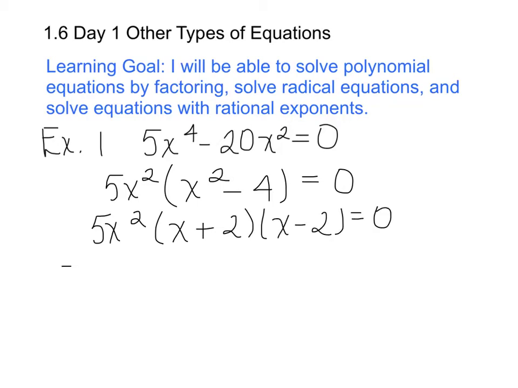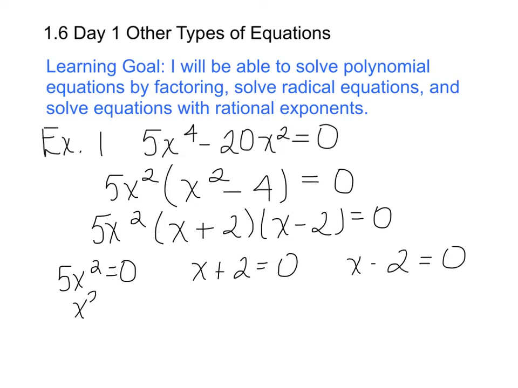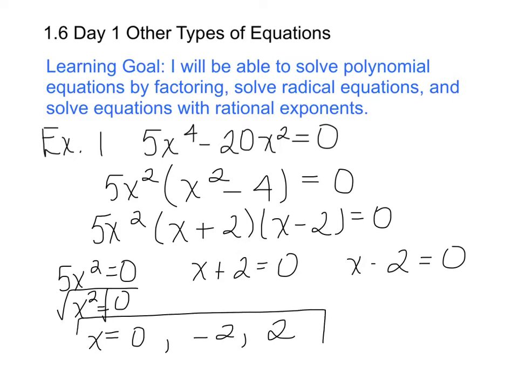And then you just set each factor equal to 0. And so you're going to divide by 5, square root both sides, so x equals 0. Here x equals -2, and here x equals 2. And those are your answers.